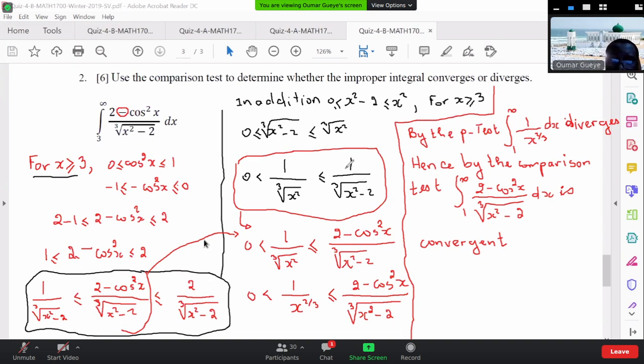And if it's equal to infinity, it means it's divergent. The integral is divergent because this one is divergent. Any question?